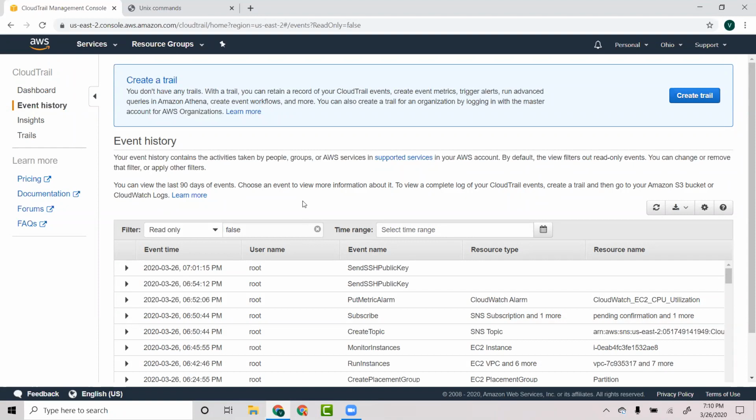Venkat, just one clarification. This CloudWatch that we are setting up is for EC2, not for the EBS, right? That's correct. We did not do it for EBS. Okay. But remember, we have seen the option there, EC2, ALB, EBS. We have multiple options there. Right.